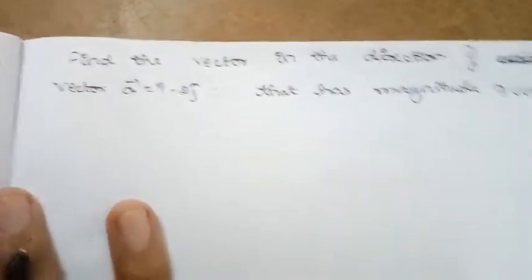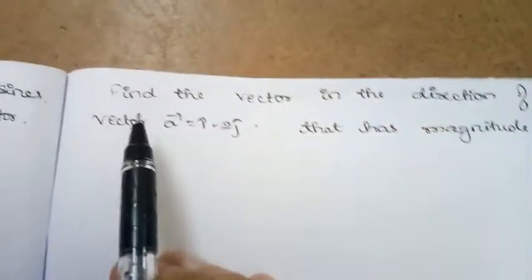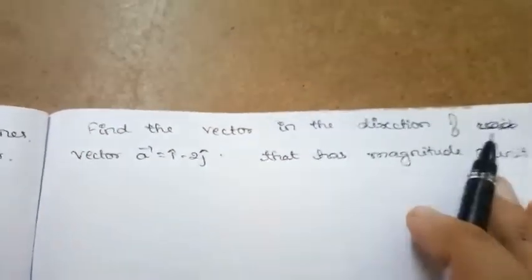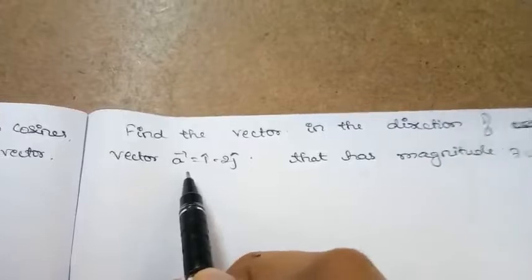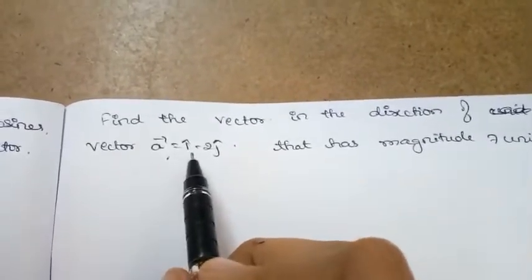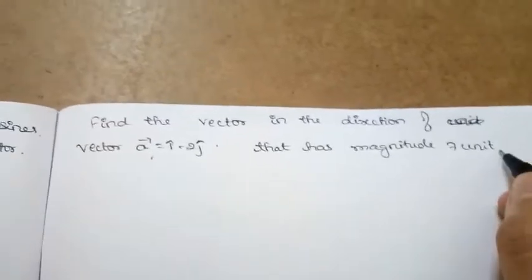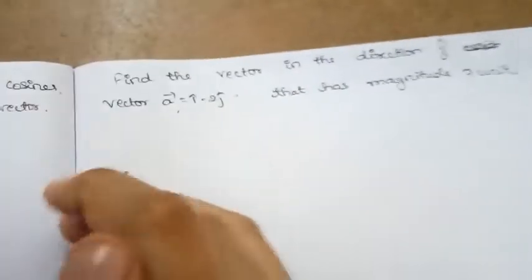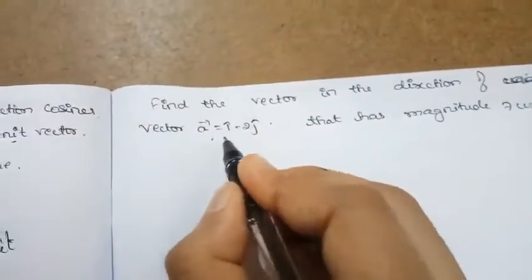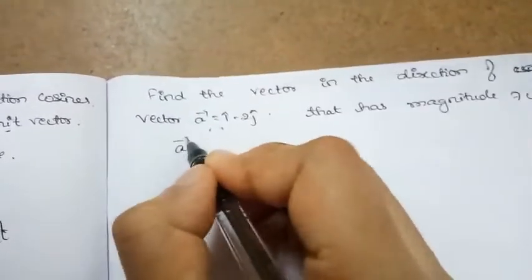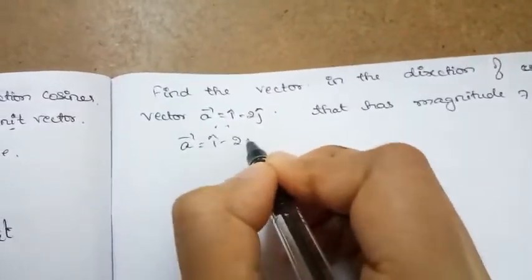So here is one bit tricky question: find the vector in the direction of the vector a equal to i cap minus 2j cap that has a magnitude of 7 units. So what the question is saying is, they have given one vector, that is vector A equal to i cap minus 2j cap.